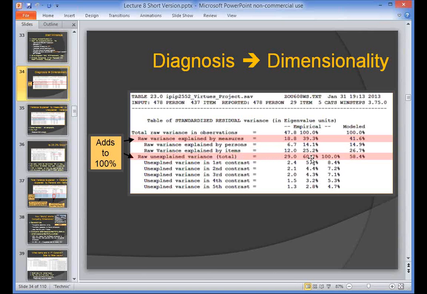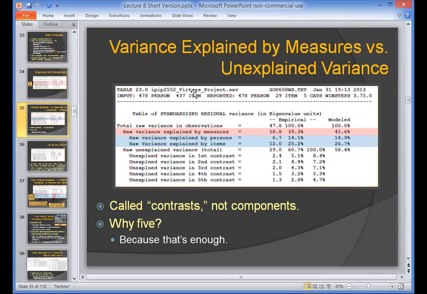So in the items as we have them, we haven't done any item selection yet, and in the items as we have them, it looks like raw variance explained by the measures is 39.3%, and the raw unexplained variance is 60.7%. Okay, and those two numbers are going to add to 100%.